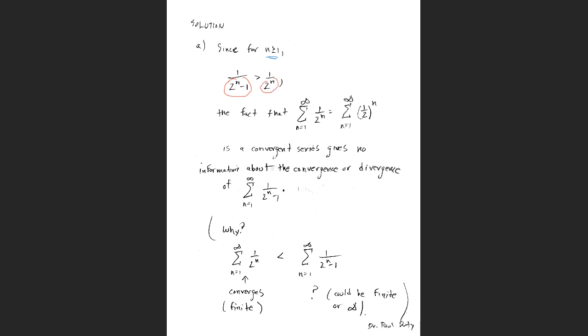So this inequality holds. And this is the comparison that we have to do for this particular series if we want to use the comparison test. Are there any questions on the inequality here? I'll make sure everybody's comfortable.